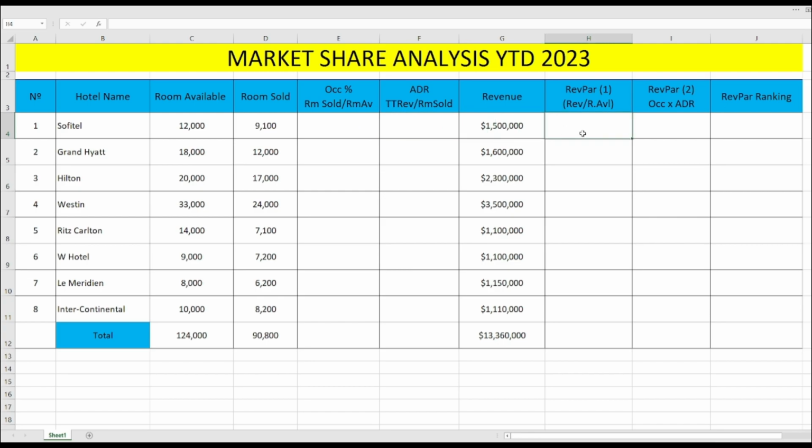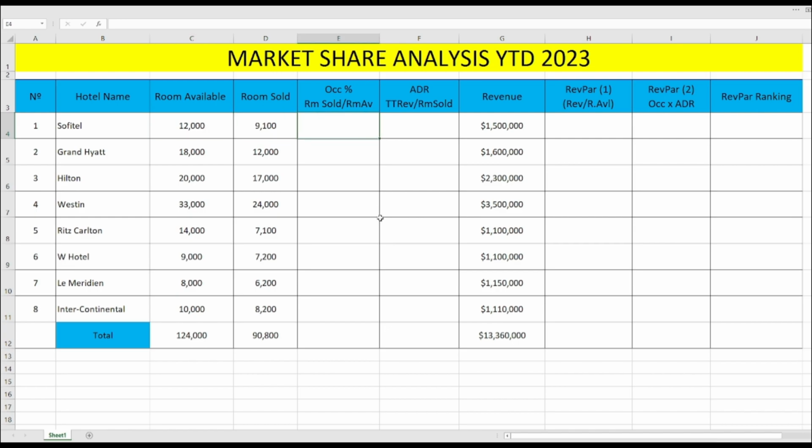For RevPAR, there are 2 ways to calculate it, way 1 and way 2. Let's see together. Let's start with how to calculate occupancy. As you know, for occupancy, you need to take the number of rooms sold divided by number of rooms available.